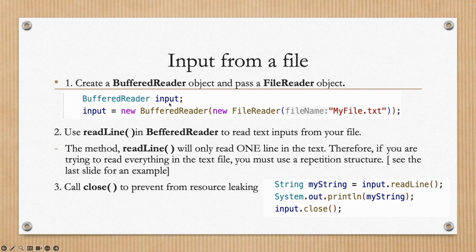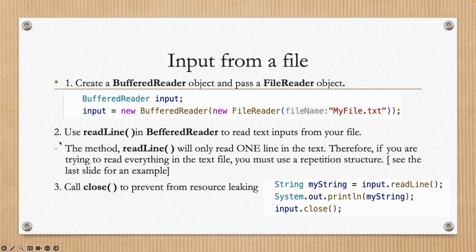We're using input for the variable name, and that BufferedReader input is going to take the location of the file from the FileReader. These must be done in order to read the file. And make sure that the file you're trying to read is in the same directory as your program file.